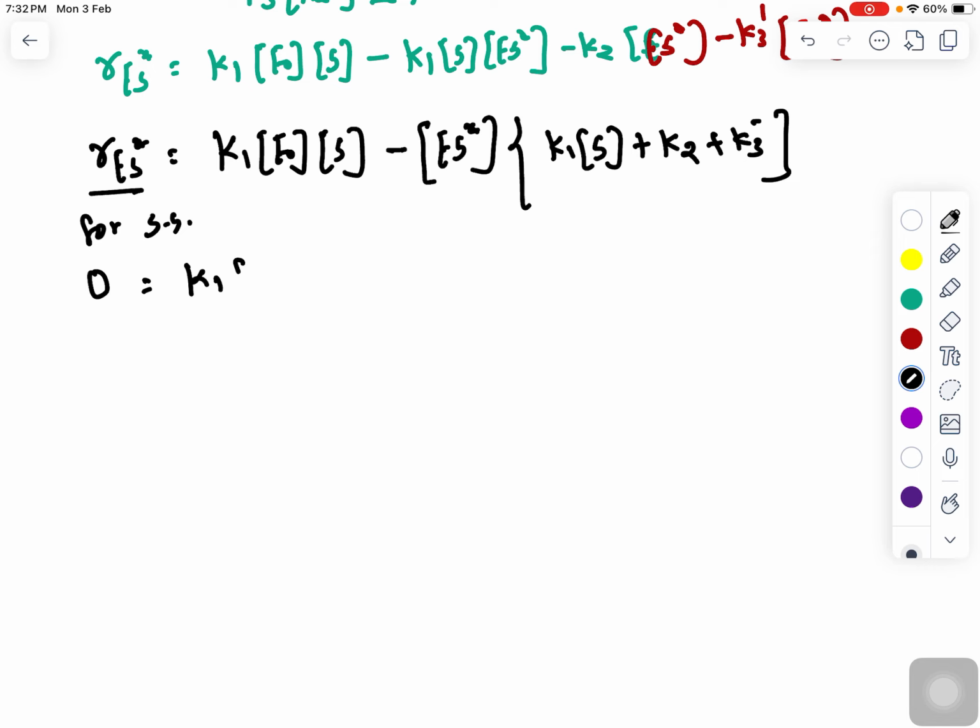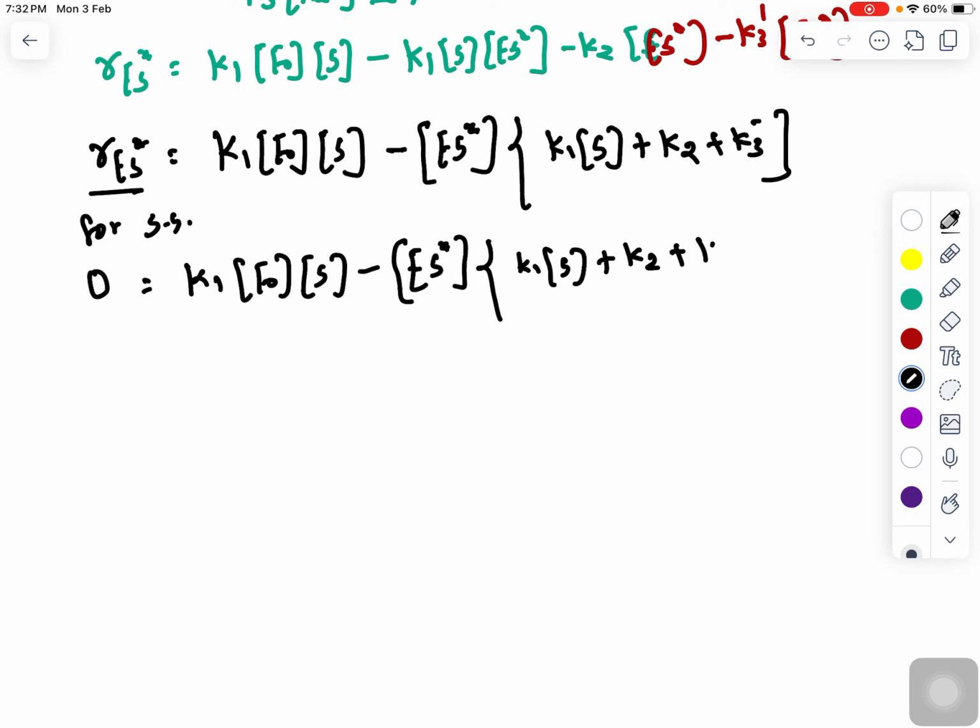So that can be written as K1 concentration of E naught concentration of S minus concentration of ES, the enzyme substrate complex, and obviously K1 concentration of S plus K2 plus K3 dash.